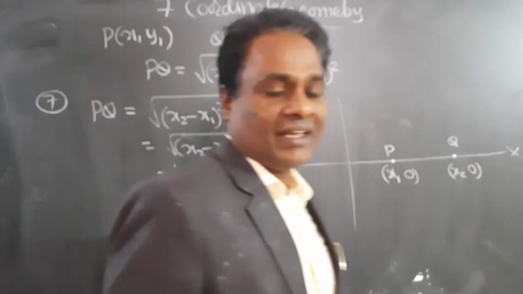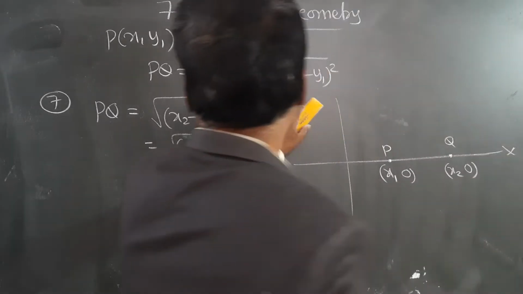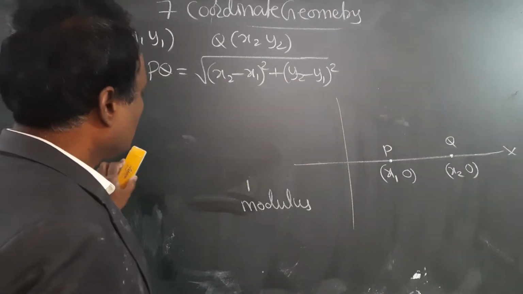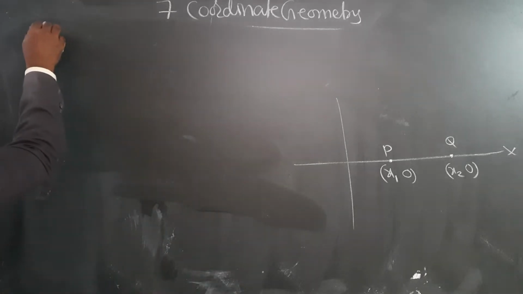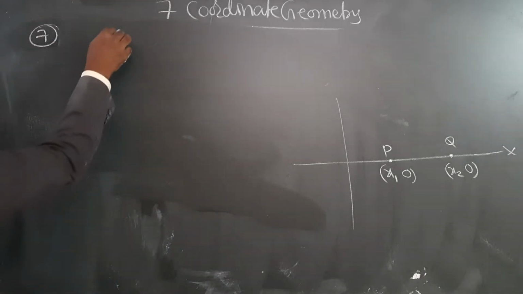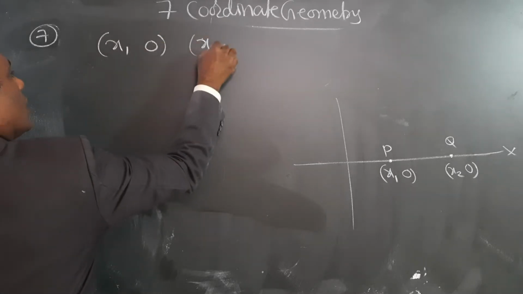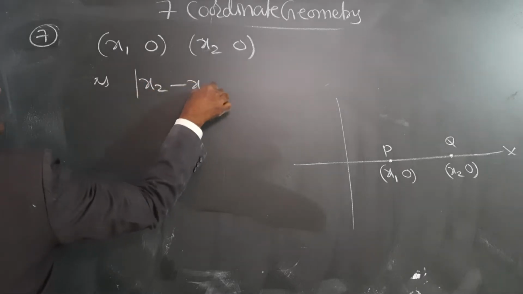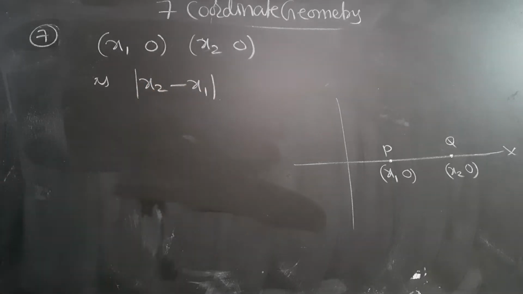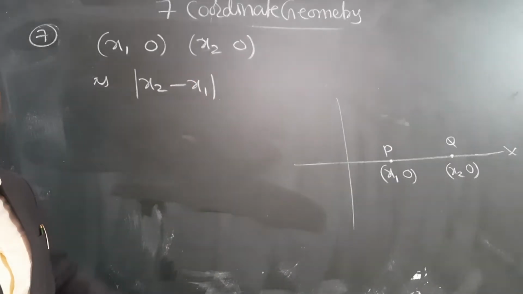Write down: distance between two points (x1, 0) and (x2, 0) is modulus of x2 minus x1 or x1 minus x2. Anyway you can write this minus this, because we kept the modulus.